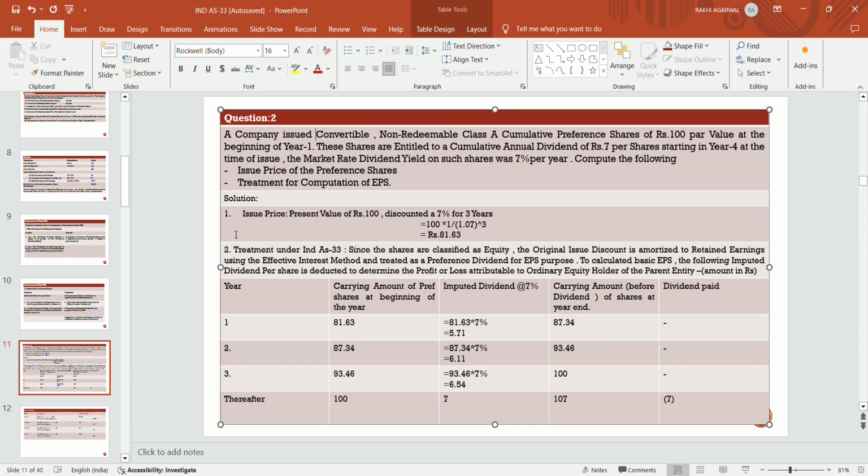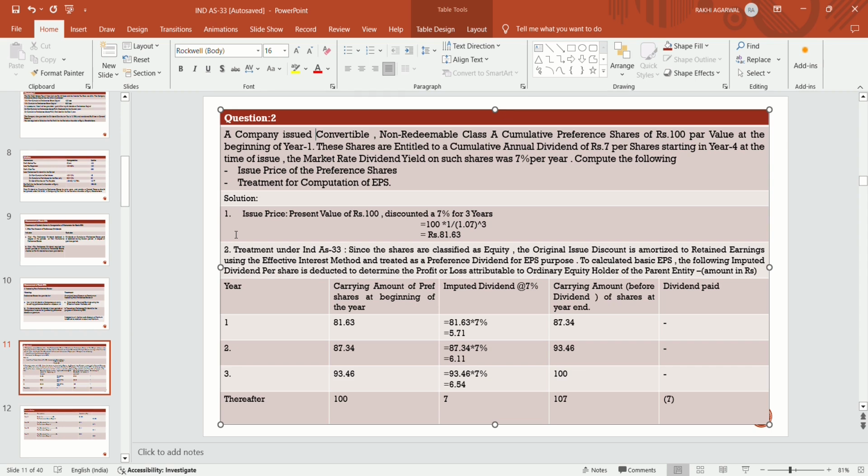Because it is a cumulative, non-redeemable, convertible preference share, non-redeemable means it will not be redeemed in future, and convertible means it will convert into equity shares. Cumulative means even if the company is not in a position to declare dividend in some years, they can accumulate the dividend, and when the company has started earning, they will declare the dividend of the past years also.